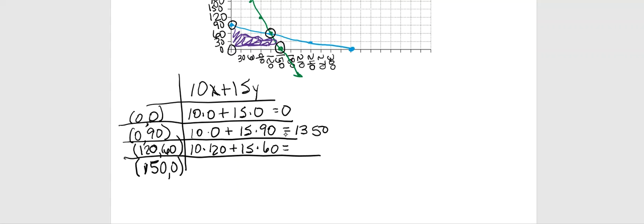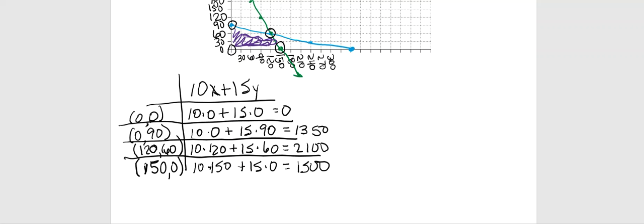Let me plug that one into my calculator. So 1200 plus 15 times 60 is 2100. 10 times 150 plus 15 times 0 is 1500.